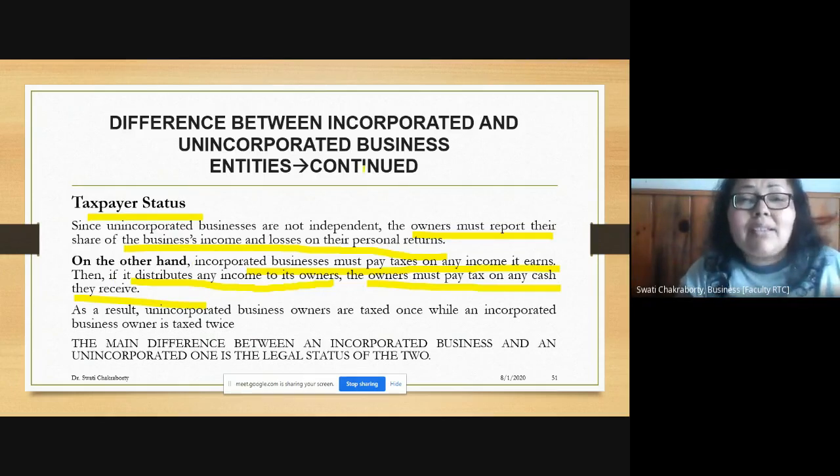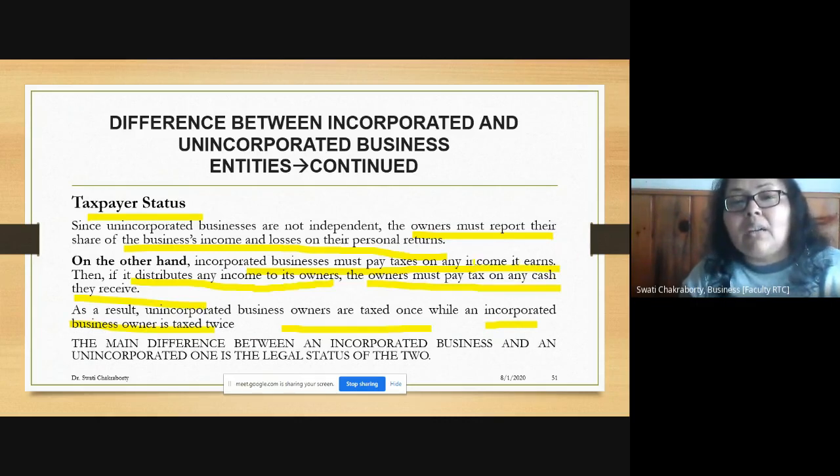So what happens is, in the case of small unincorporated businesses, since the owners pay on their income themselves, they are taxed only once. In the case of big corporations, business owners are taxed twice.